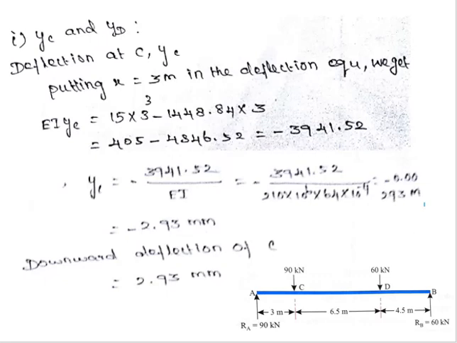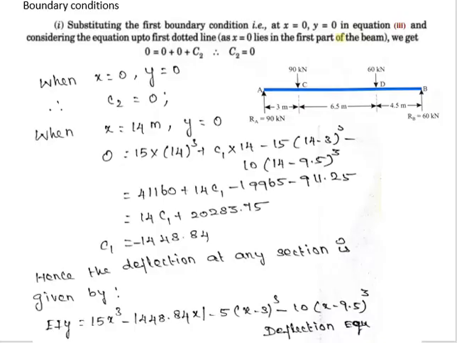In this question, they are asking what is the deflection at point C and what is the deflection at point D. So we first find the deflection at point C. At point C, the distance from the left side is only 3 meter. So put x equal to 3 meter in the deflection equation that you found in the last step.